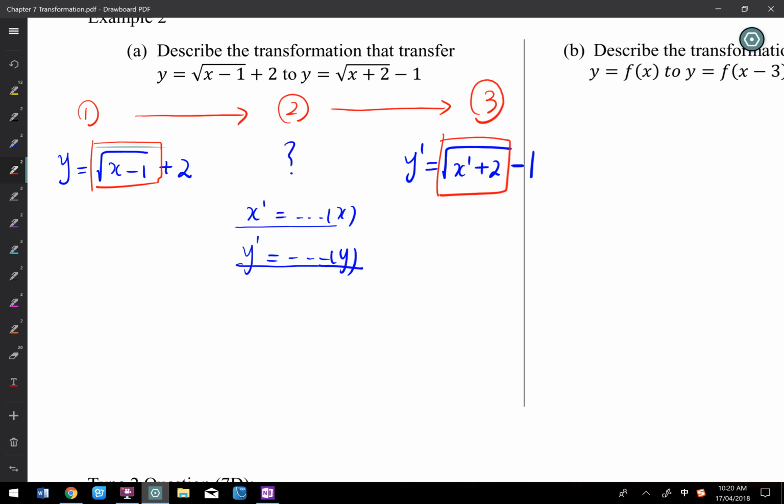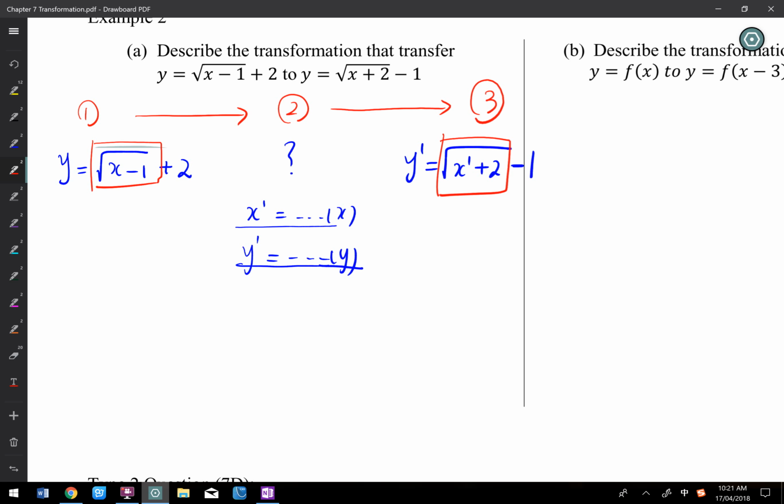Or we can treat this like a house. We have a house which is shaped as a square root, and x minus 1 and x dash plus 2 are the people who live in this house. The minus 1 and plus 2 are like the flowers around the house. They should be removed from the house. I want to see what the house actually looks like, what the basic rule looks like.